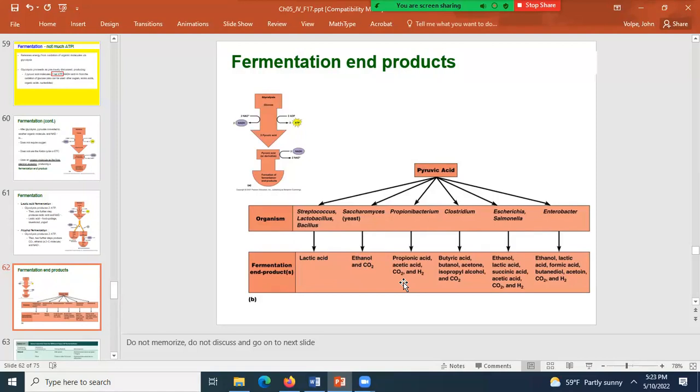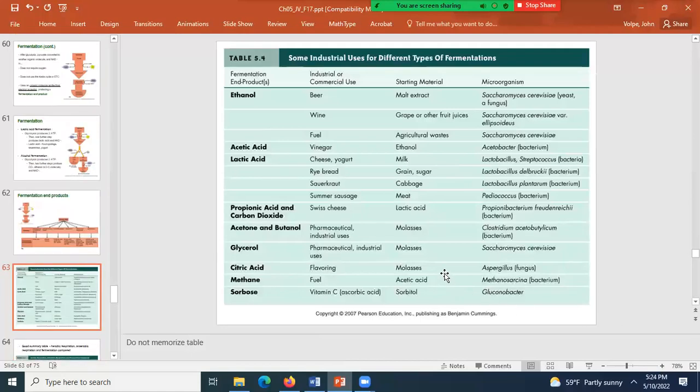Here's one: propionic acid fermentation. This happens in Swiss cheese. And then there are other fermentation reactions that make other products, and they can be used in industry to get certain products.